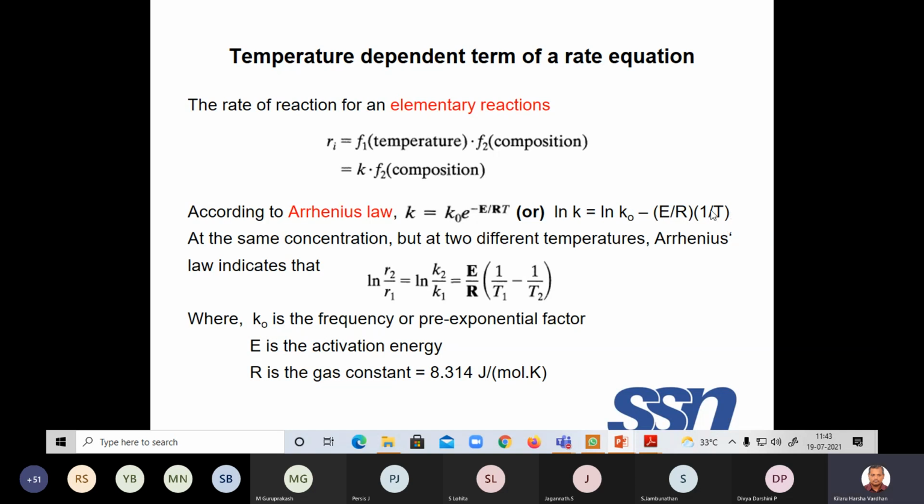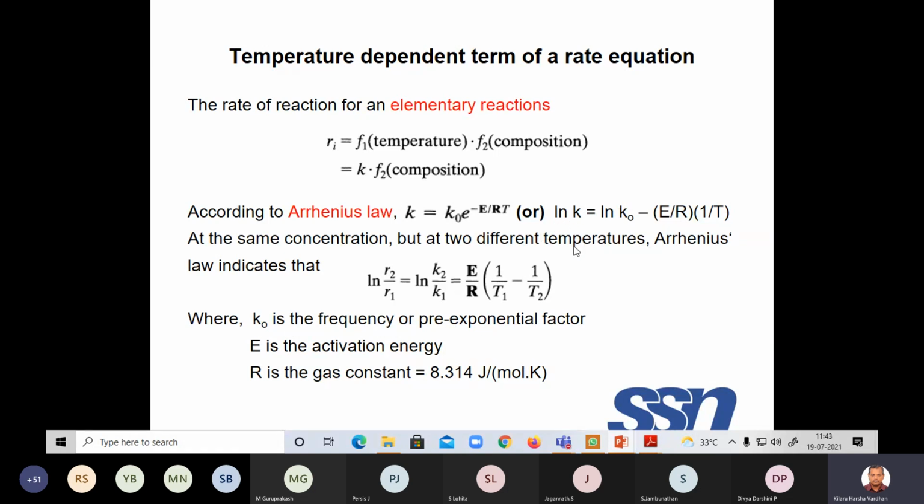So you get two equations, one with Ln K1 and one with Ln K2, at different temperatures. How does this K change with different temperatures? What you do is subtract one equation from the other.